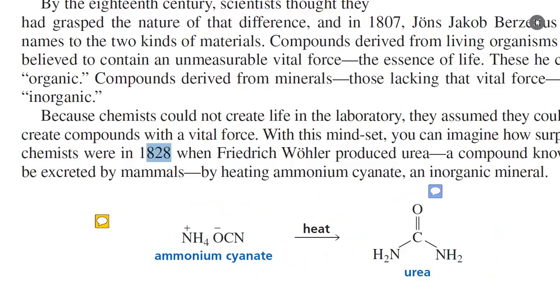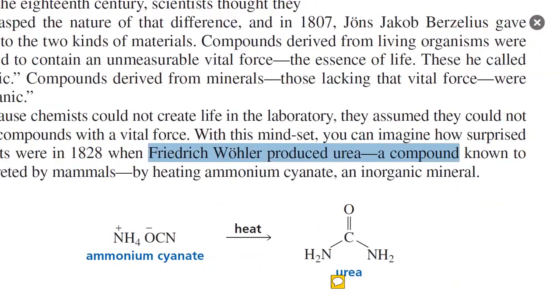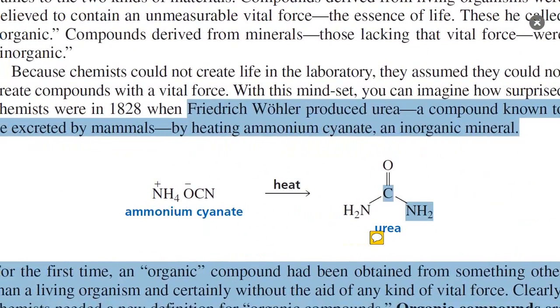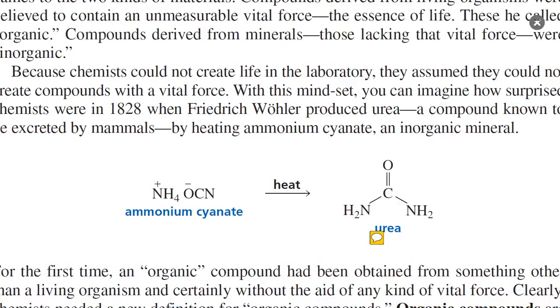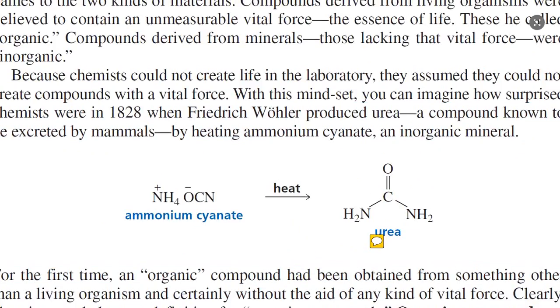We discussed how it was. We can rearrange ammonium cyanate to urea, and Friedrich Wohler was very happy and excited. He was the first person to produce urea, which is an organic molecule. And how did he produce it? By heating. And this urea is excreted by mammals in urine and other waste products.